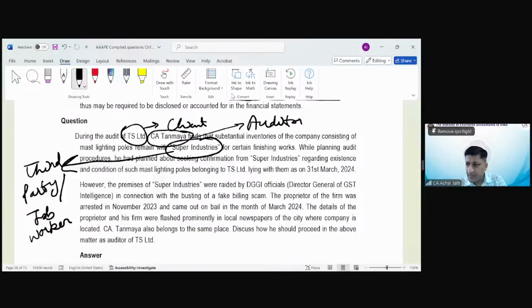And also, when our stock is lying with the other person, that person's internal control, whether it is good or bad, and the integrity have to be checked out, because our inventory is sitting there.